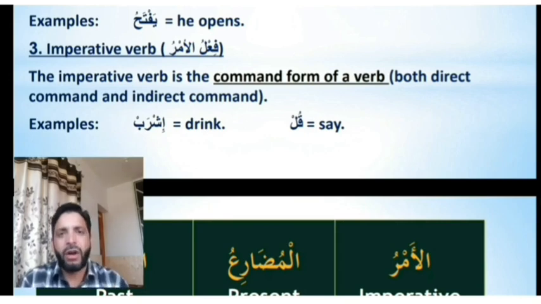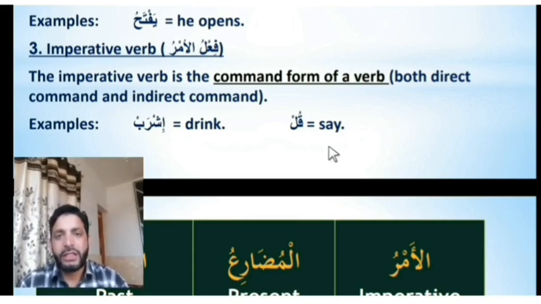And this is the third type of verb in Arabic. But fi'l amr is always used for future, because whatever you order, whatever you demand, whatever you command, in all cases the action is done in the future. Suppose I say, here is an example, ishrab, drink. Now the action of drinking will be done in the future.